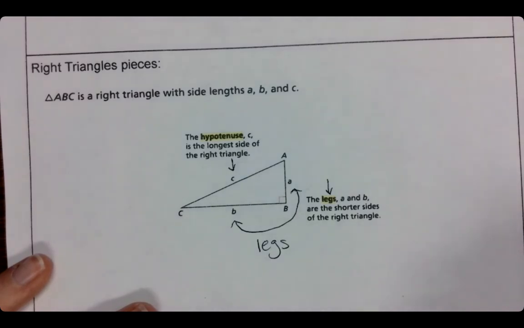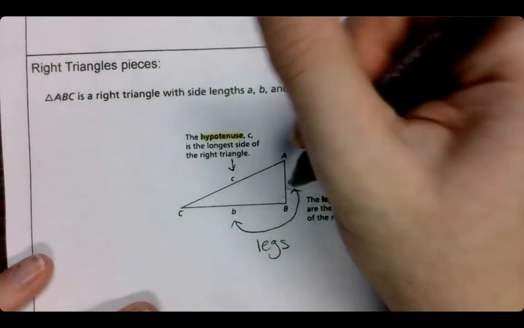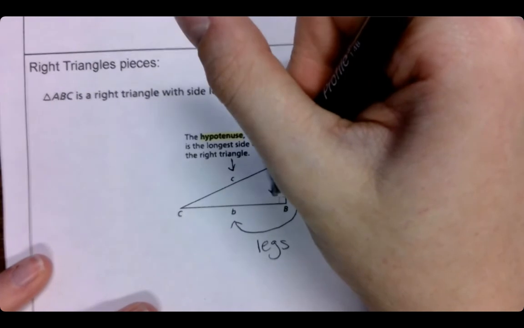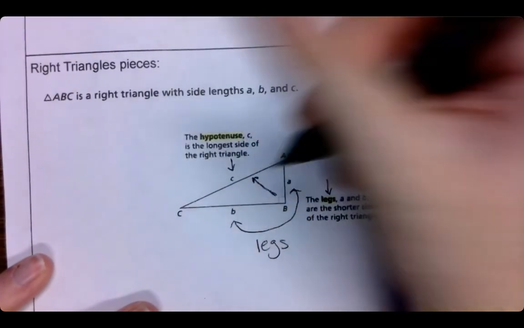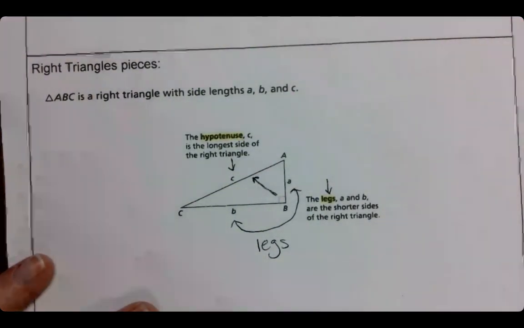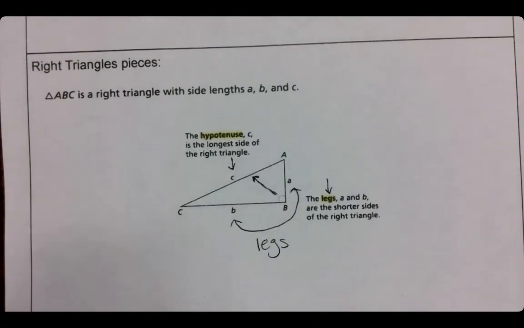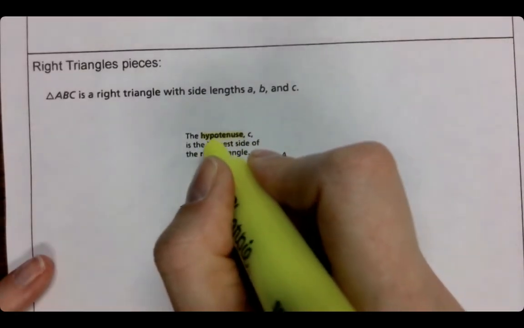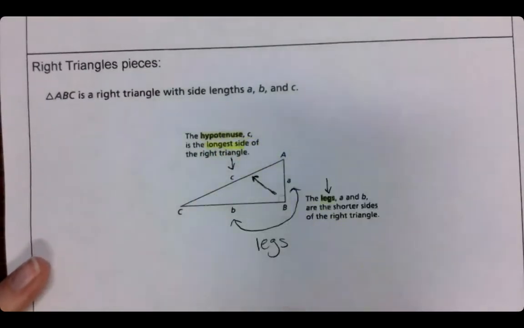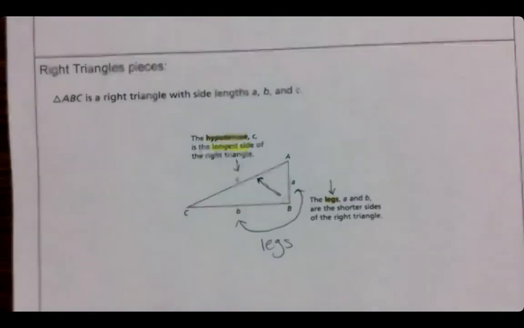One thing that is very important to know now is the hypotenuse is always across from the right angle. So if you draw a diagonal across, that's going to be your C, your hypotenuse, which you'll notice is the longest side.